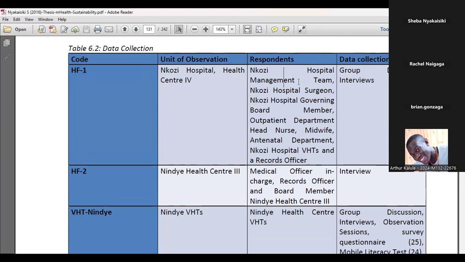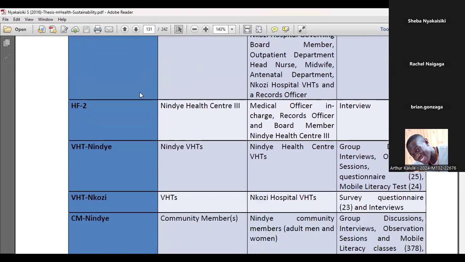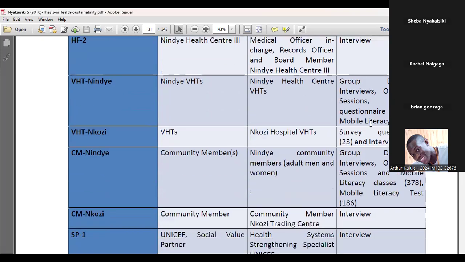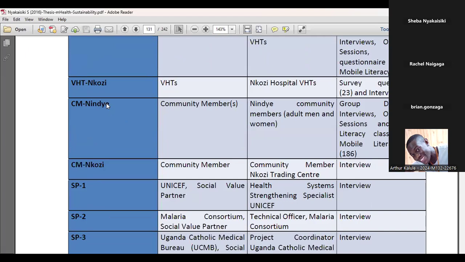Then I had respondents underneath that, and the method I used. Then I had HF2, which was another health facility, and the individuals that I interviewed. Then I had the VHTs, and here the method I used, and so forth.